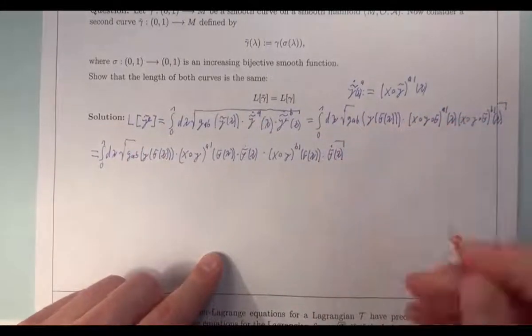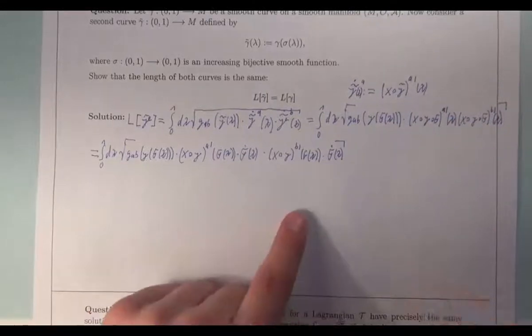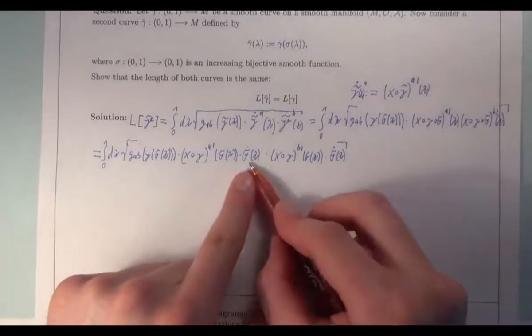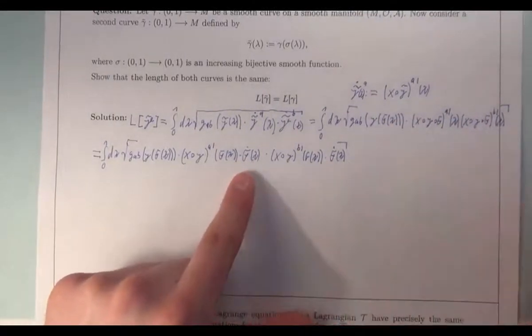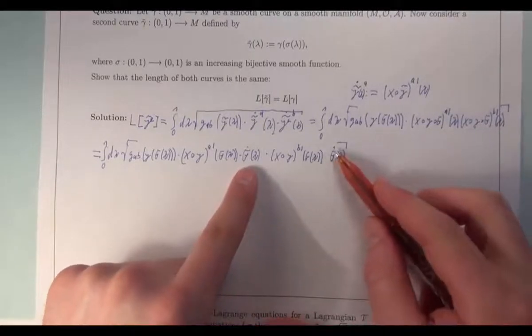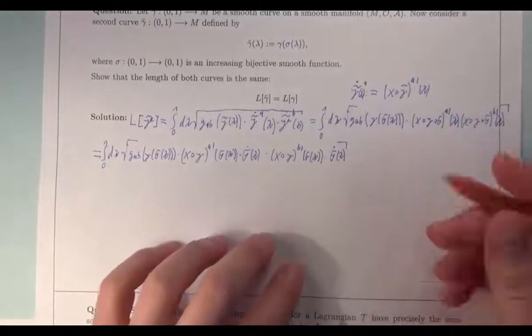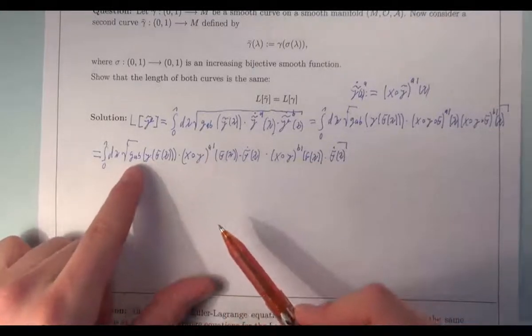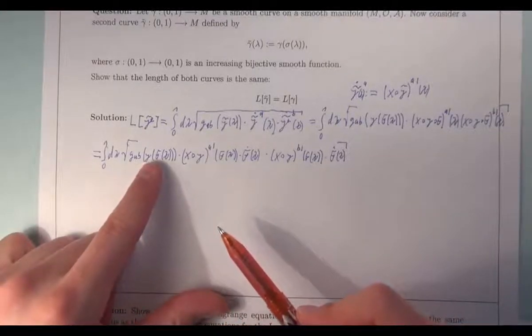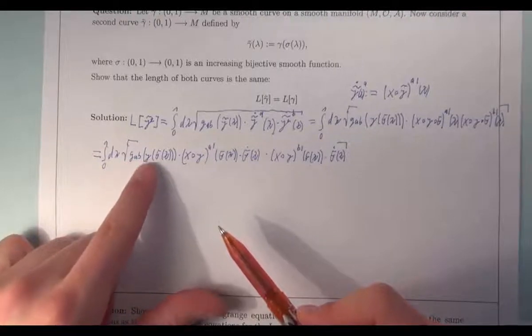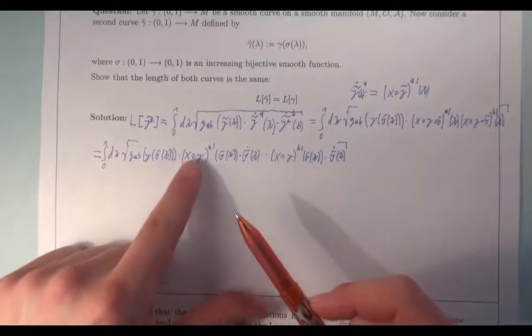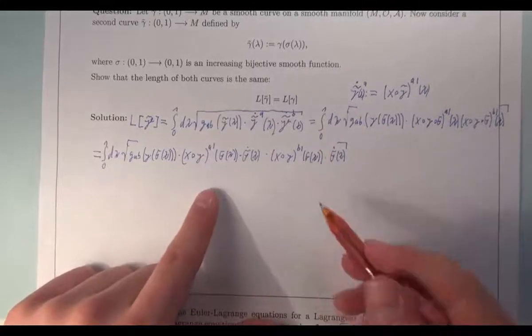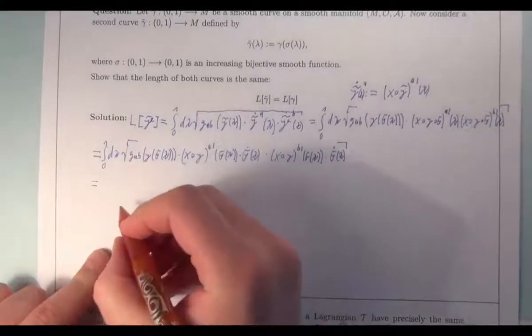Square root close. Now we see that this occurs twice in here, so we shift it out of the square root, and the square cancels with the square root. We see that g depends on gamma after sigma, and all of these terms as well. So one more step is needed here.